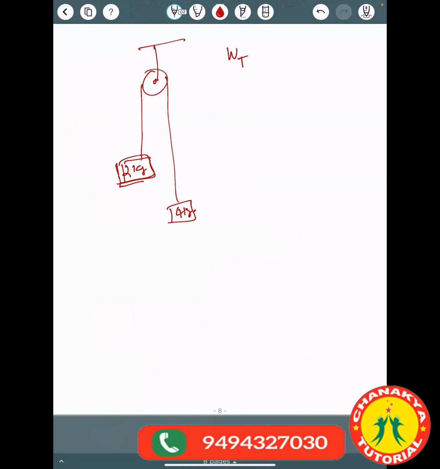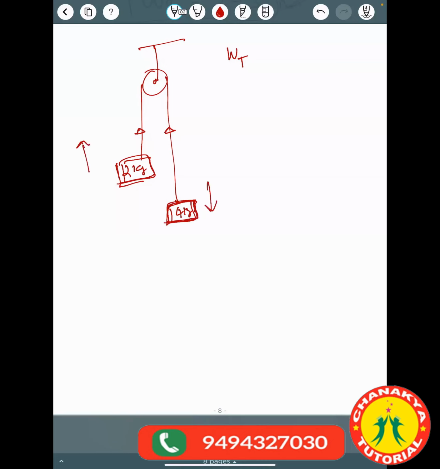Total work done by tension will be 0, right? So from here it will do positive work done, and then from here it will do negative work done. So total work by tension will be 0. But if I ask what is the work done by tension on this 4 kg, so how will you say that? Well, so let's say this is moving down and this is moving up.